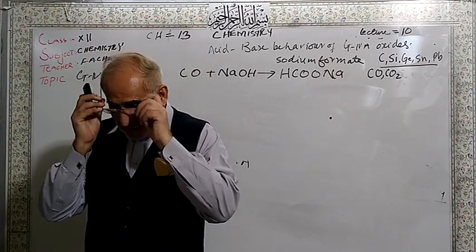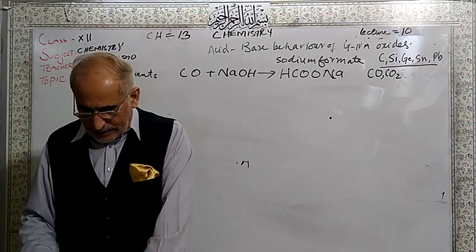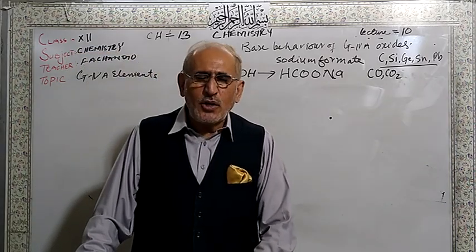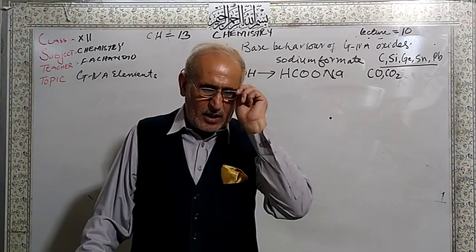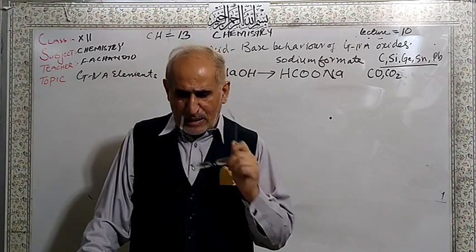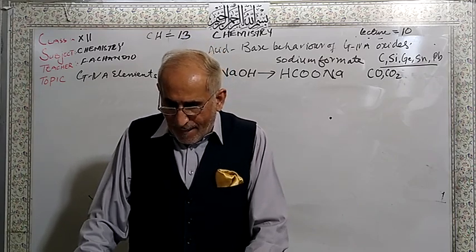Then there are the carbon and silicon dioxides. Silicon dioxide has no chemical reaction with water at normal conditions, but at very high temperature maybe there is a reaction, otherwise no reaction.